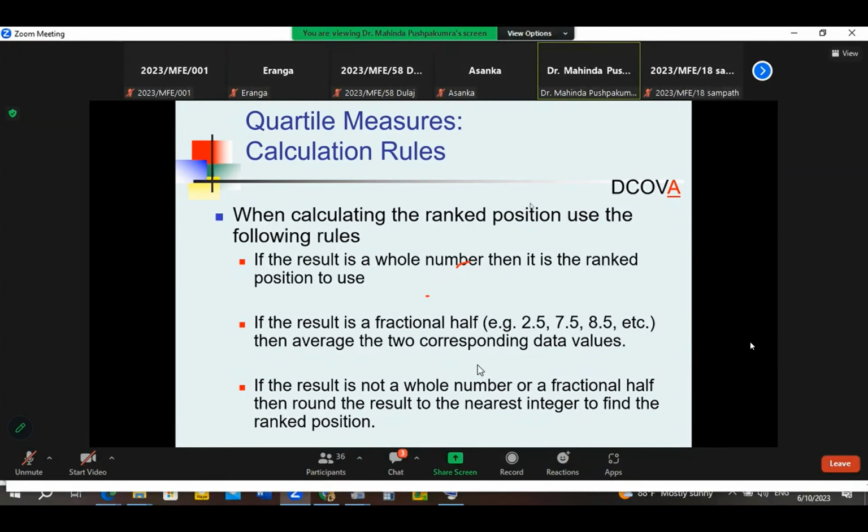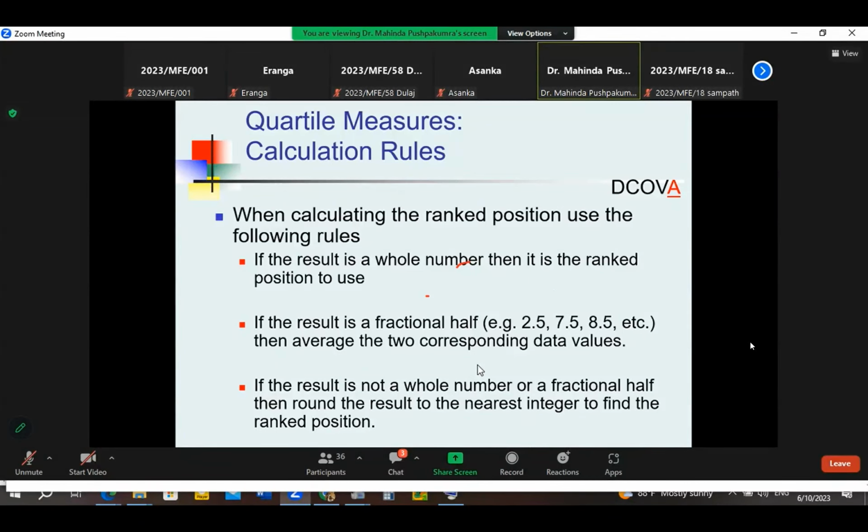When calculating the rank position, we have to use the following rule. If the result is a whole number, then it is the rank position. If the result is a fractional half, then we take the average of the 2 corresponding values. If the result is not a whole number or fractional half, then round the result to the nearest integer to find the rank position.